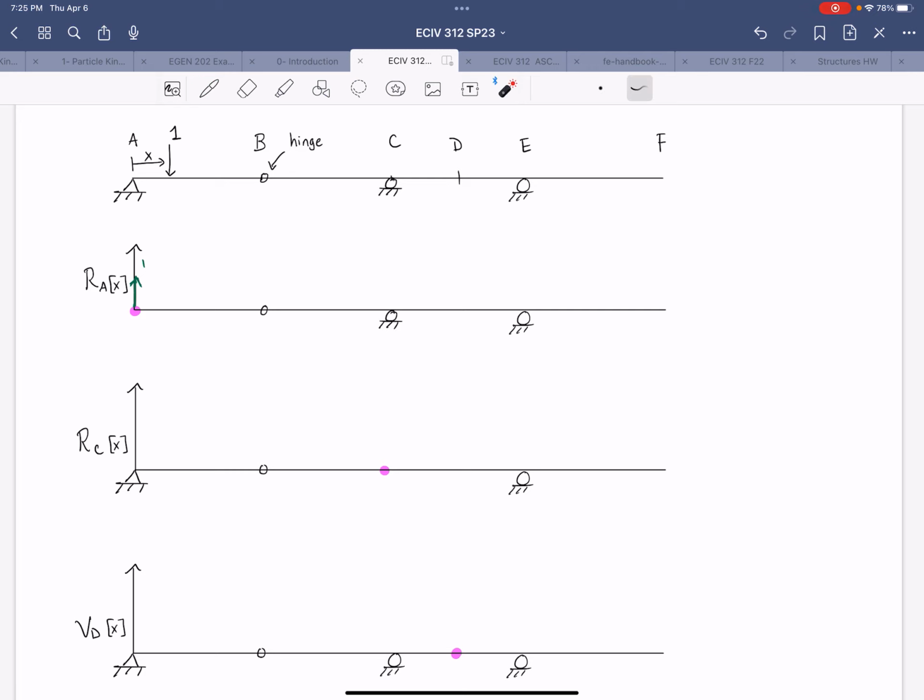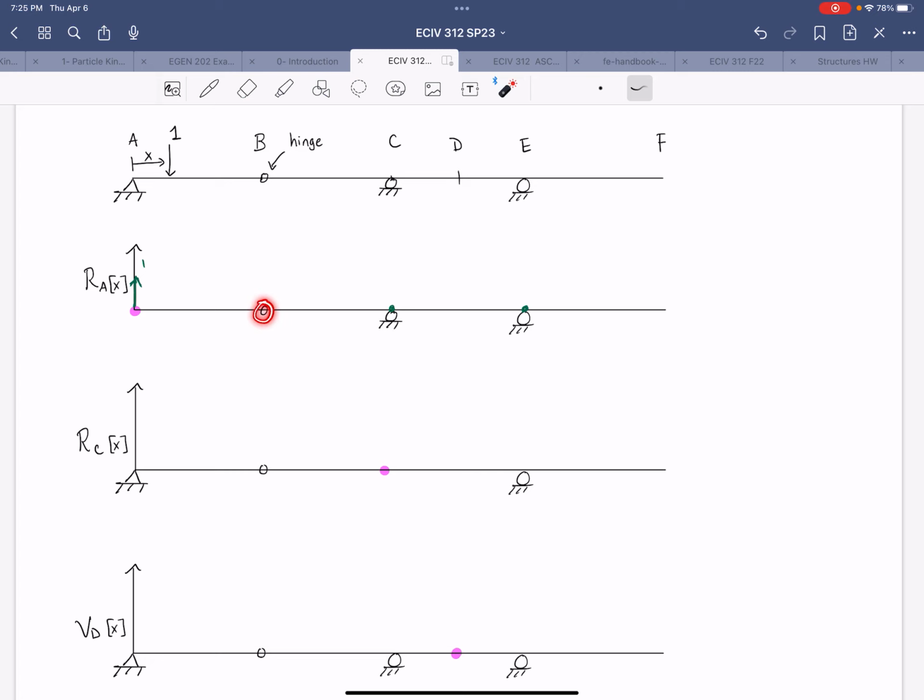Looking at what's going on in the rest of the beam, we see that there is a support at C and a support at E. All right, so if we're drawing a deflected shape, the beam cannot displace at C or E. It has to have a zero displacement there. So those points must be zero. We also know that we have to draw straight line segments because this is a determinate structure.